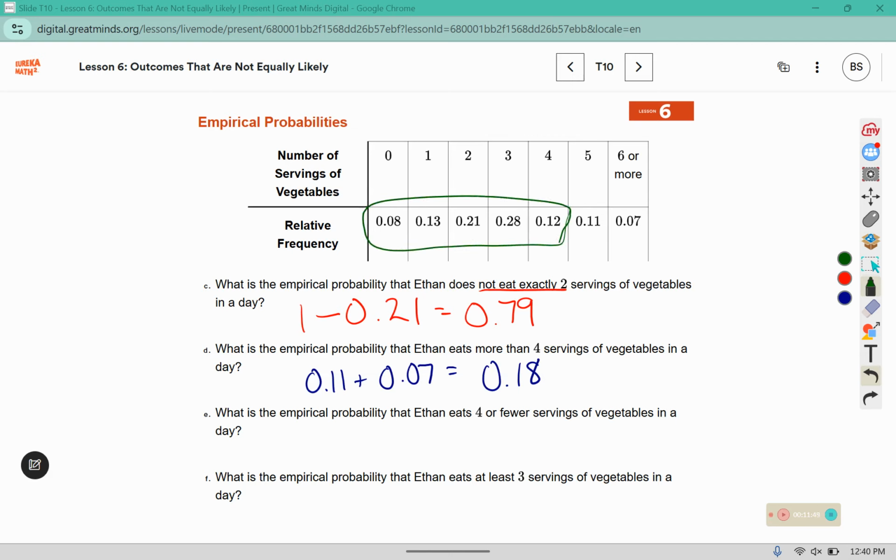We need to add all of those together. Which comes out to 0.82.